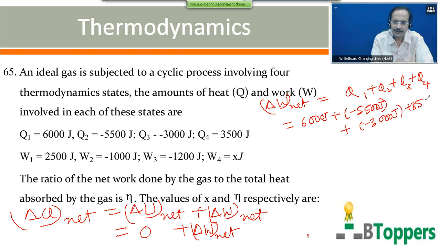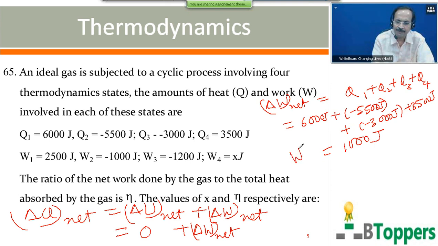Q4 is 3500 joules. So we can simplify this. So you get 1000 joules.